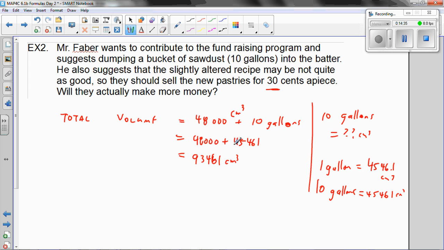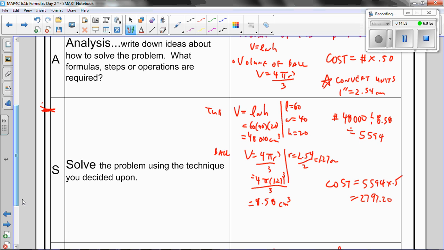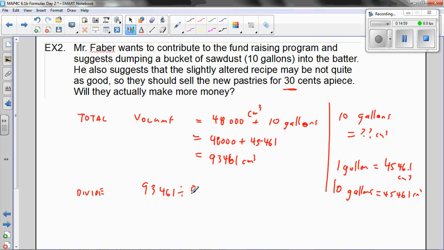And notice that about half of the new recipe is sawdust, so that's real nice. And then our next step was to divide, right? We're going to take our new total volume, divide by how much for 1. I've forgotten, it was 8.58 right there. That was the volume for 1 Christmas ball, sawdusty Christmas ball now.